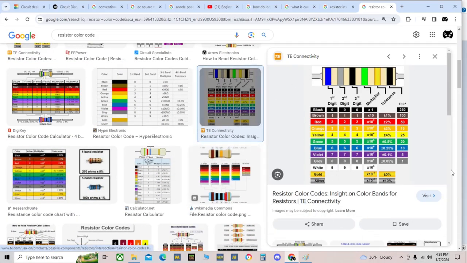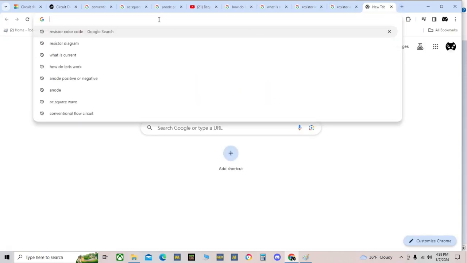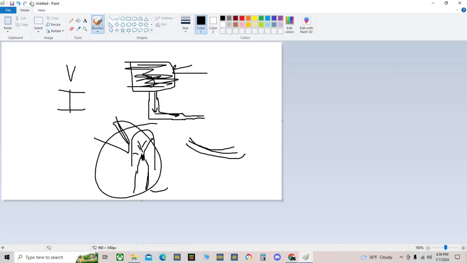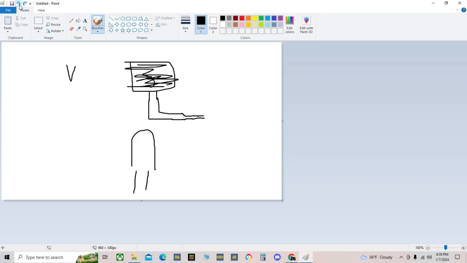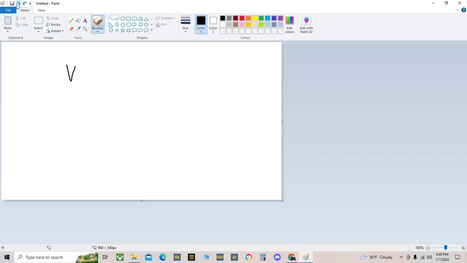How do you put this into the real world? How would you take the amount of voltage from something and apply it to, say, a circuit? Well, I'll tell you how.